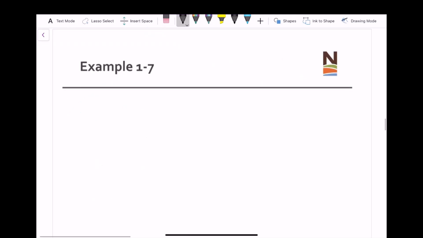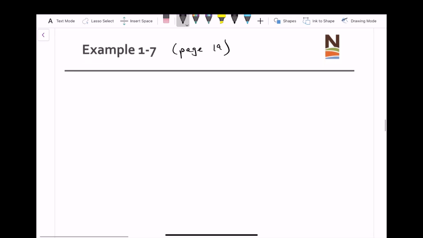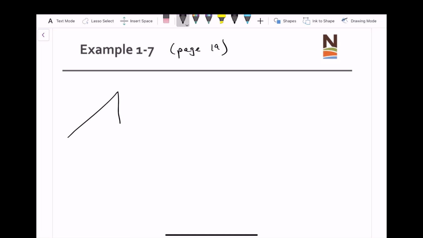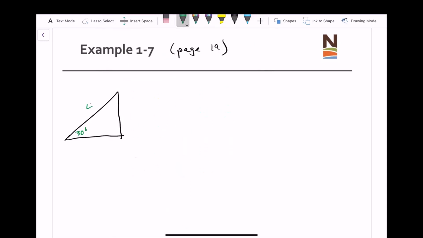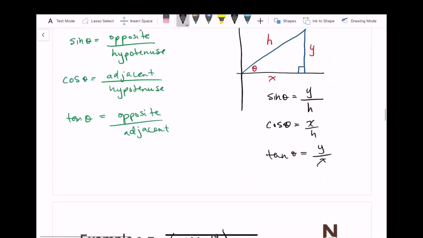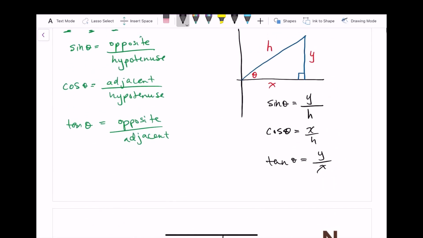Okay, so let's look at example 1.7. So this is on page 19. We are given a right angle triangle, and we have the values 30 degrees for the angle there. We have 4 inches on the side, and we need to solve for side A. So we want to, of course, determine length A. You can go back here and look at, with what's given, which one of these can we use?